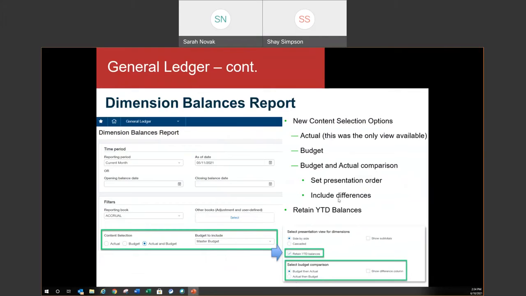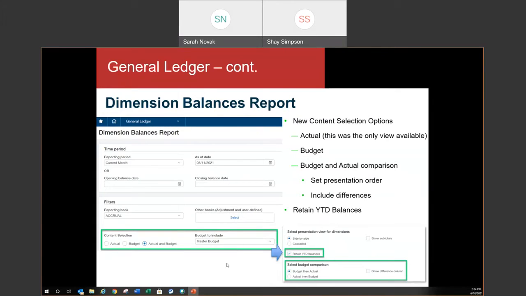All right, we have more functionality now in our dimension balances report. Within our dimension balances report, we now can have actual, budget, or actual and budget. When we click on that content selection, it is now going to bring up an additional selection where we can say retain our year-to-date balances.